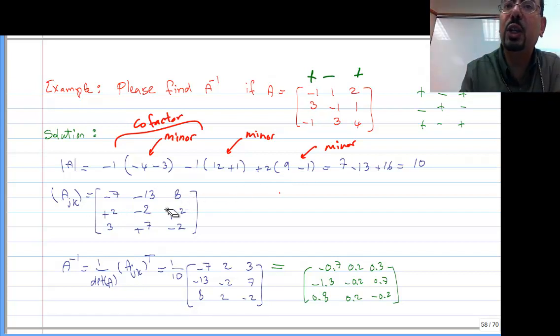And for each one of those, if you want to get the minor for this one, you cross out its row and column, and then you look at the smaller matrix. What's in that? Minus 1 times minus 1, that's 1. Minus 1 times 3 is minus 3, so it's 1 minus 3, minus 2. And what's the sign here? Plus.